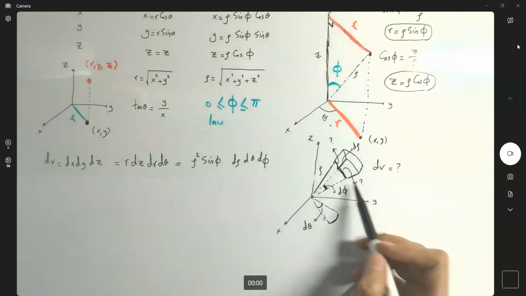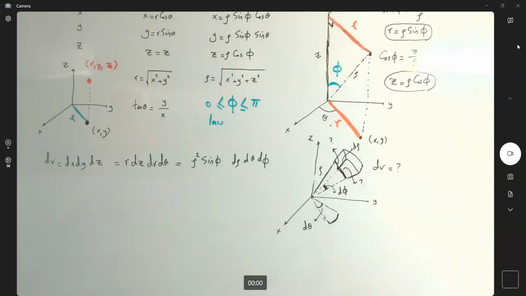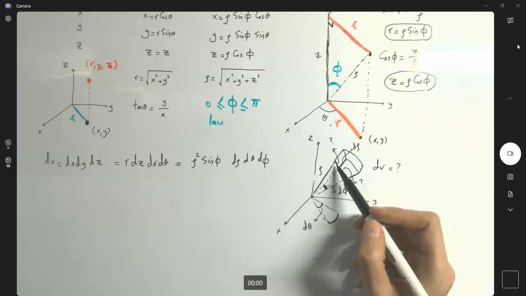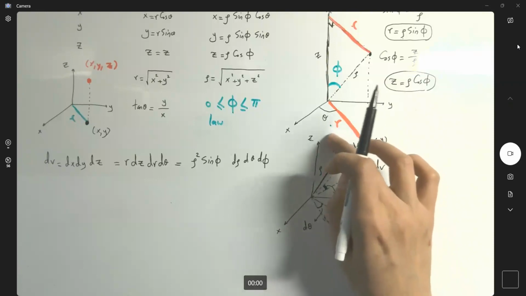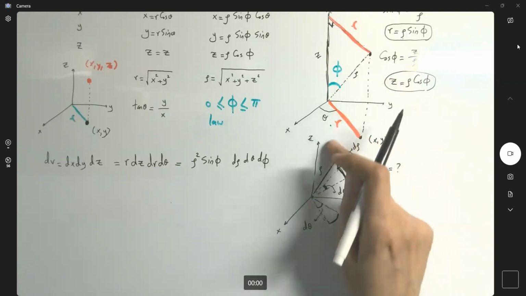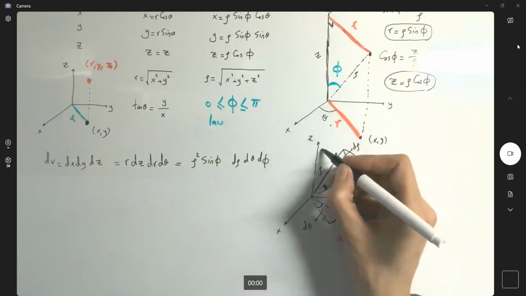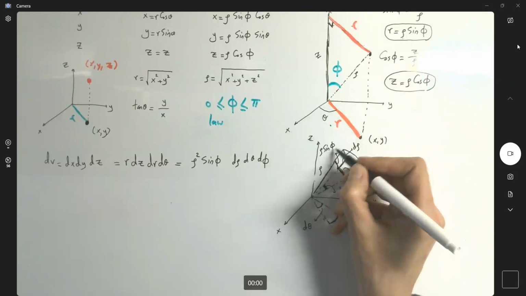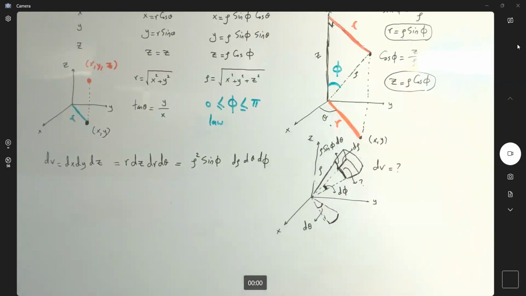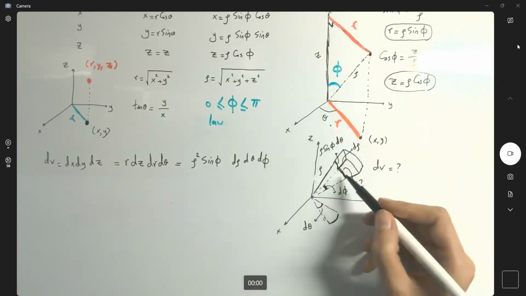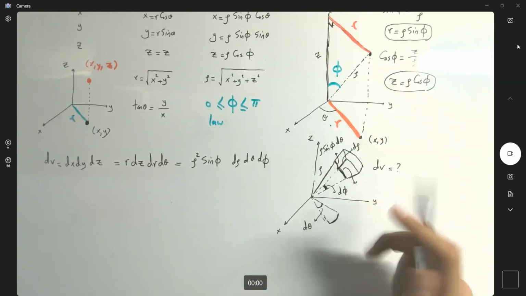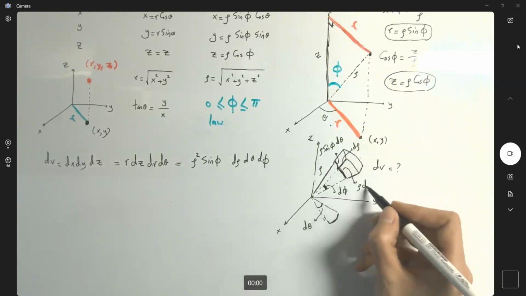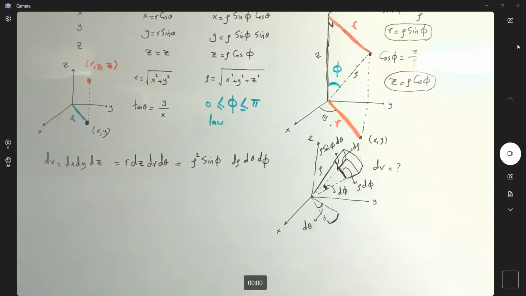But the pieces that I need are these two pieces here. This piece here is going to be equal to rho sine phi d theta, and the other piece here is going to be equal to rho d phi.